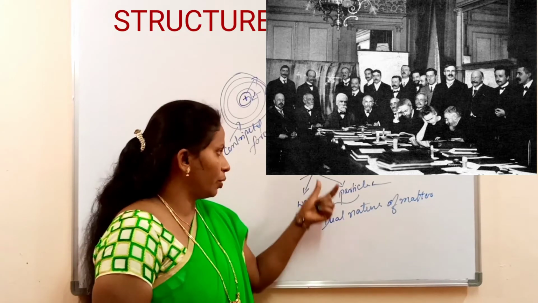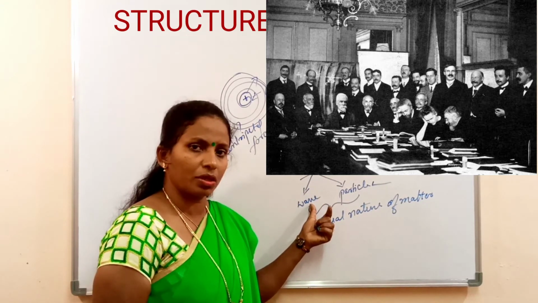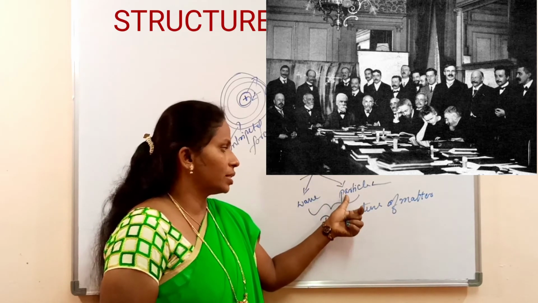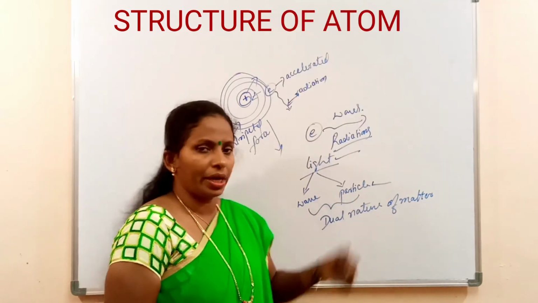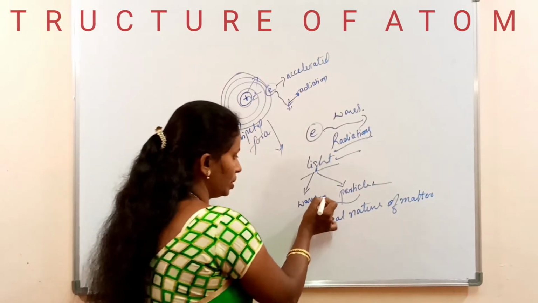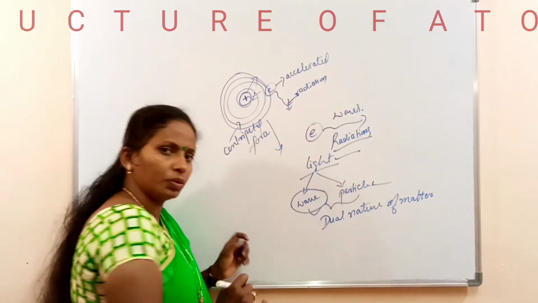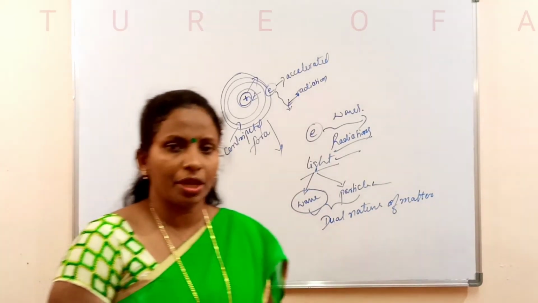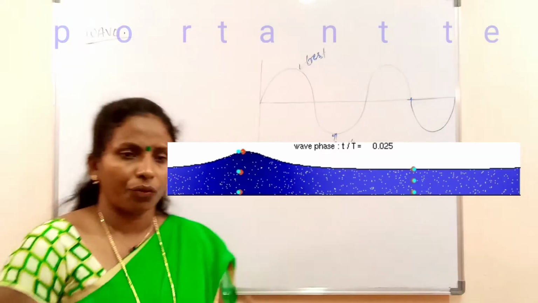So in a few cases it behaved as a wave, and in other cases it acted as a particle. Now I will go one by one. First I will start with the wave.